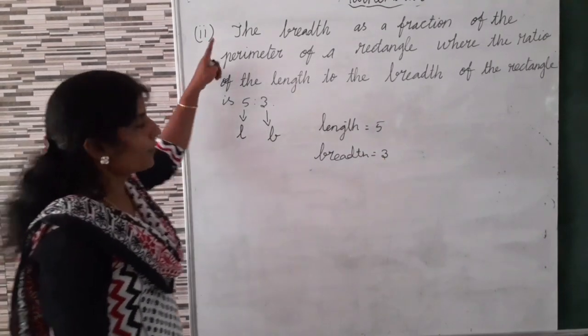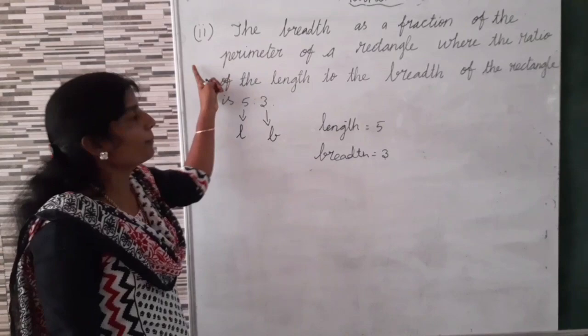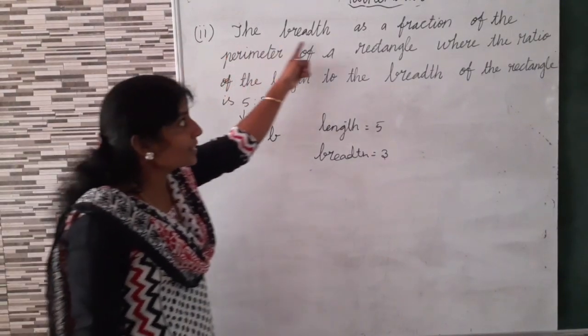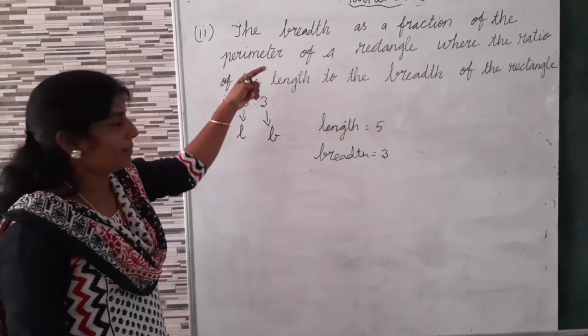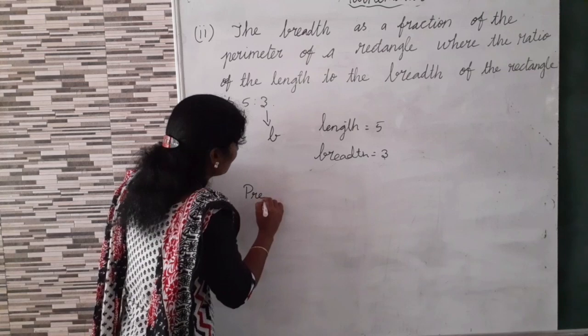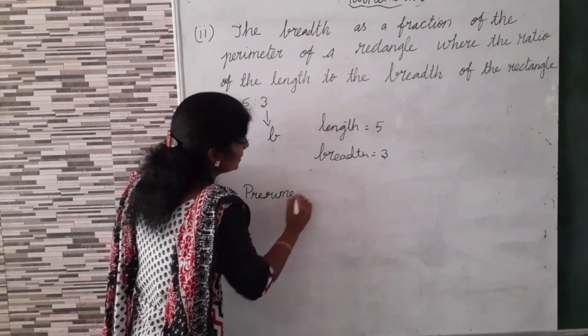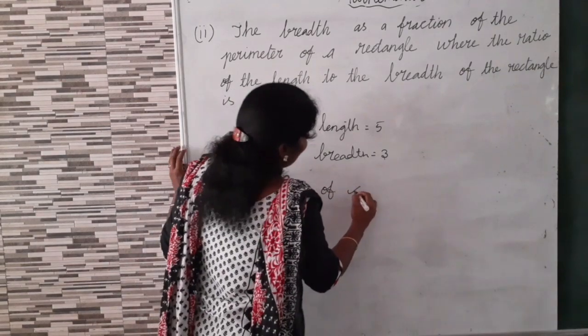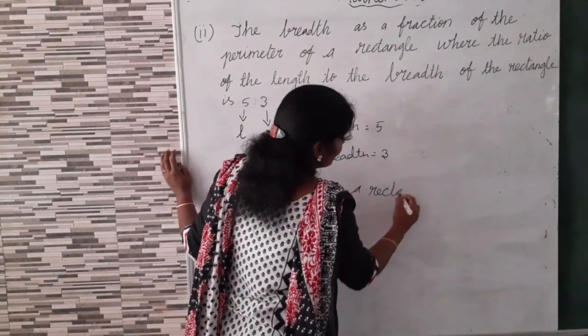Now here we want to write the breadth as a fraction of the perimeter. Now we want to write the perimeter of a rectangle, isn't it?